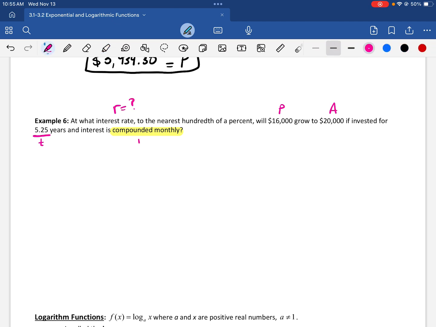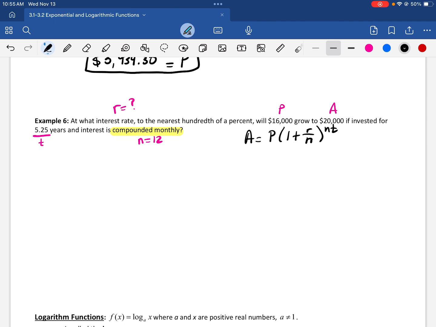Compounded monthly tells me that N is going to be equal to 12, and it also tells me that this is the formula that we are using for this problem. It does not say the word continuous, so we are not going to use that continuous formula. We are going to use just our compound interest formula.